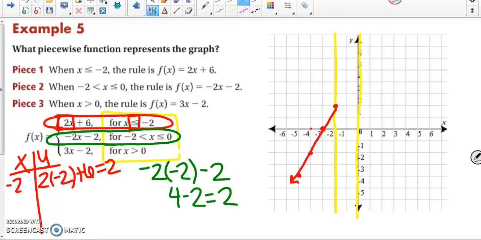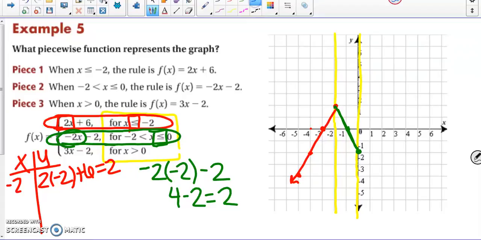Therefore, I have the point -2, 2, which is already on my graph. So that's where I'm starting. And since I have a slope of -2 over 1, I'm going to use my slope. Go down 2 to the right 1, down 2 to the right 1. And since at 0, I am or equal to 0, I am making a closed point at 0.